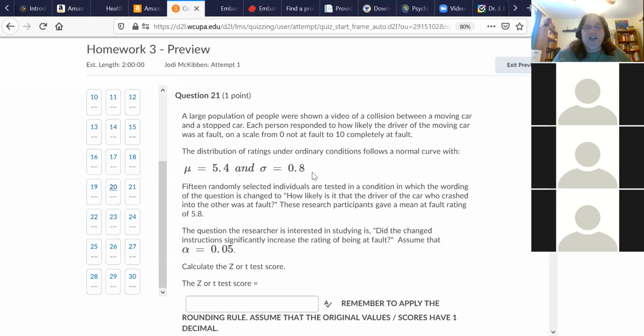I take 0.8 over the square root of n, which was 15 in this case, right? Because we had 15 randomly selected individuals. So I take 0.8 over the square root of 15, get that answer. Then I take 5.8 minus 5.4 over that answer. That will give me what I'm looking for. Okay.